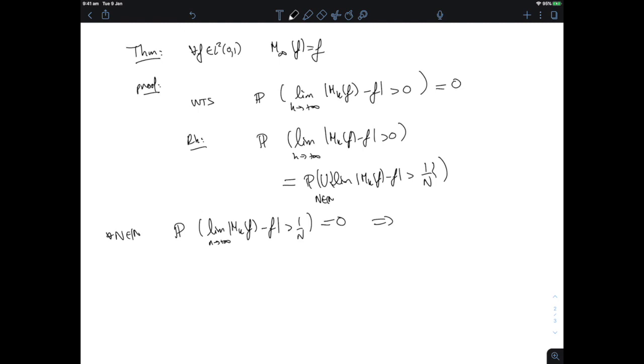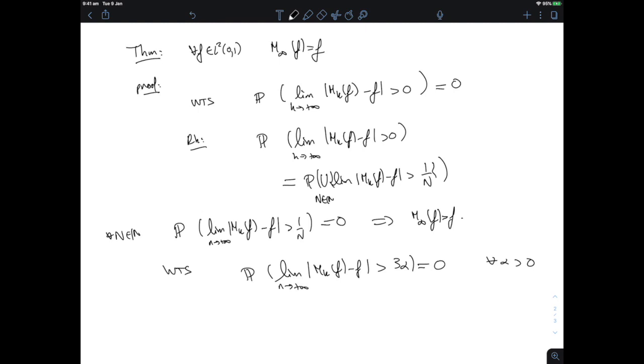So this would imply that M_infinity f is f. So I only need to show that the probability of M_k f minus f being greater than some fixed number is 0. Now, just to make the argument neat, we're going to show that the probability of the limit of M_k f minus f being greater than 3 alpha is 0 for every alpha positive.